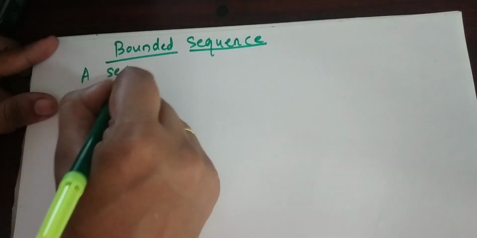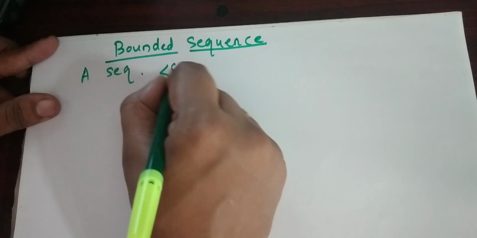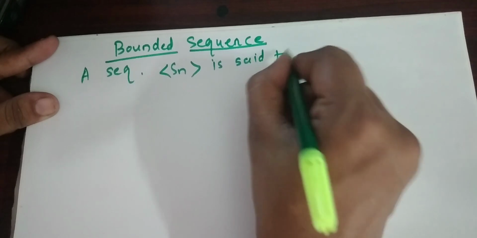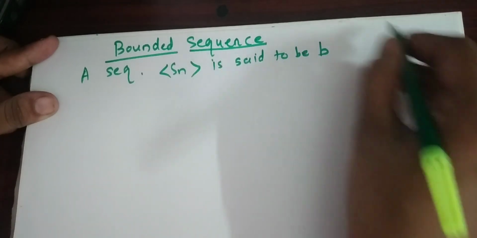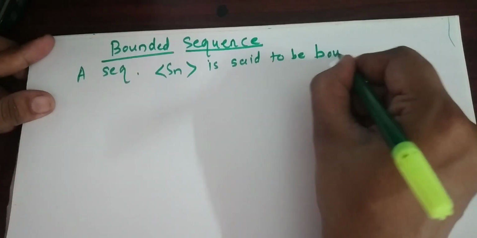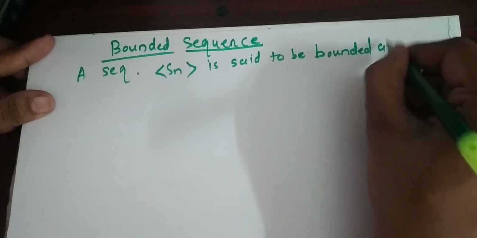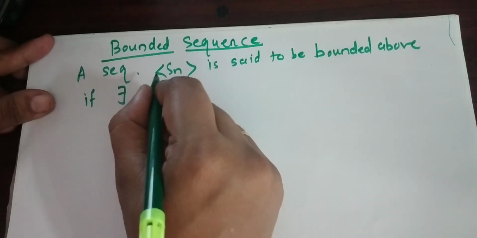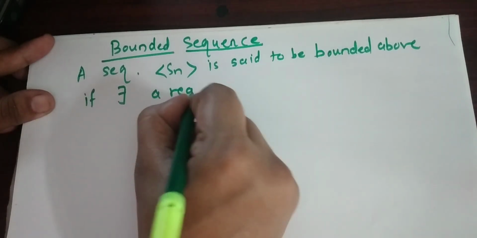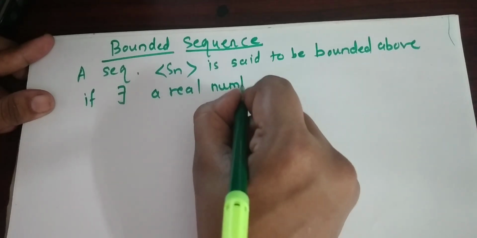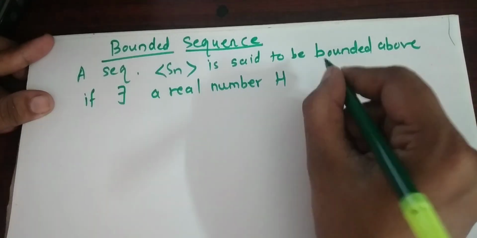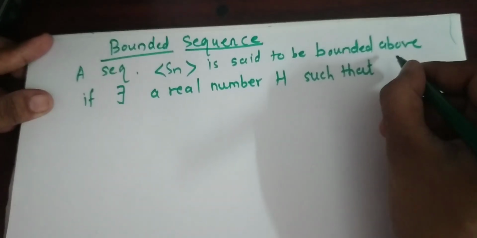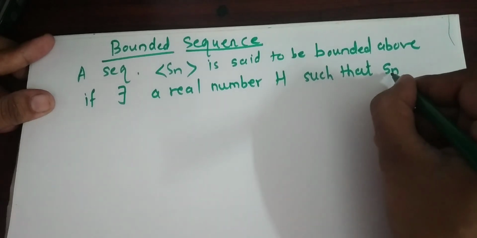A sequence Sn is said to be bounded above if there exists a real number h such that Sn means nth term of a sequence.